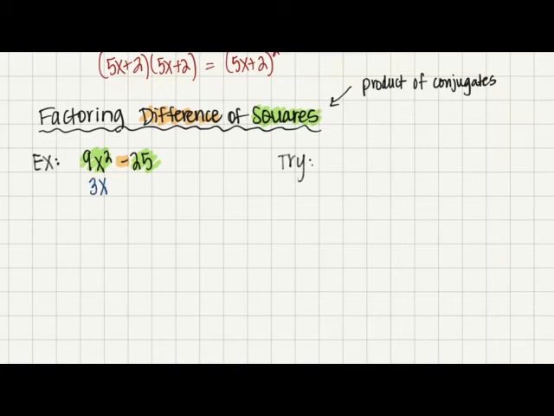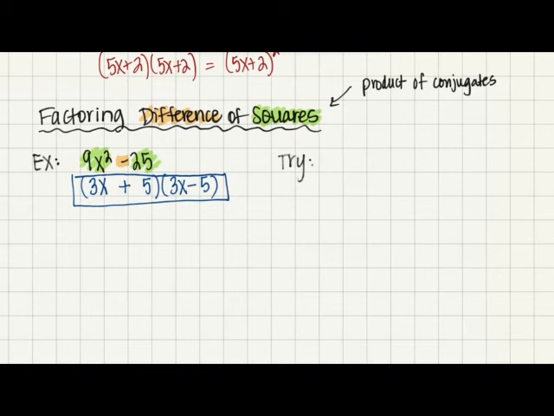Well, 9x squared is a square of 3x. 25 is a square of 5. Therefore, 3x plus 5 times 3x minus 5 multiplies to be 9x squared minus 25.